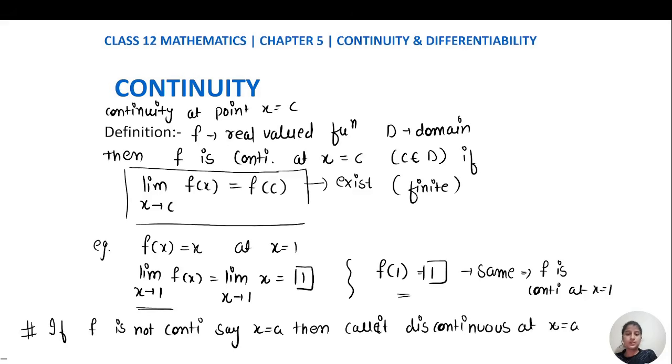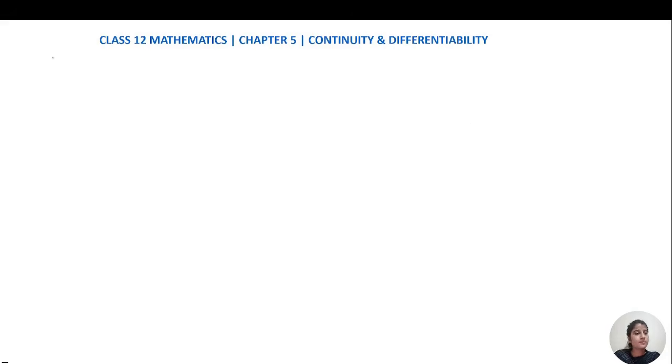So there are two possibilities. When will our function be discontinuous at x equals a? First of all, there are two possibilities.